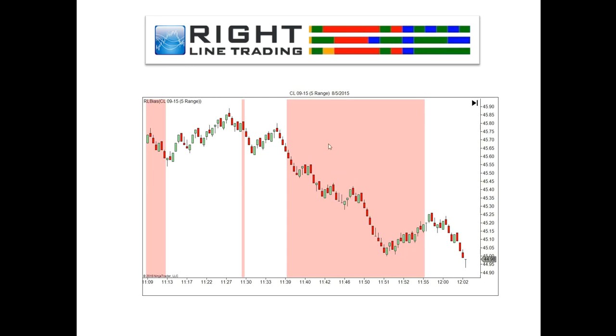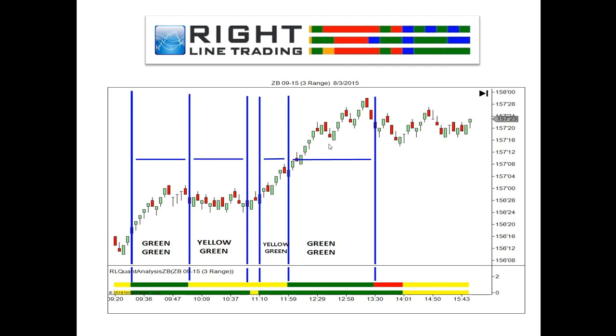Now, the other major independent variable that we leverage for this system is known as, we call it our quant analysis indicator. And what it does is it looks at the correlative markets. And correlative markets, all trading instruments, bonds, notes, the E-mini, the Russell, the NASDAQ, all the currencies, all the agriculturals, all the energies.